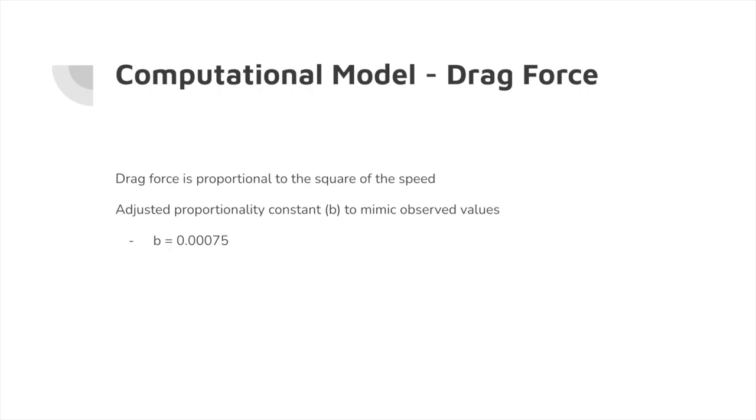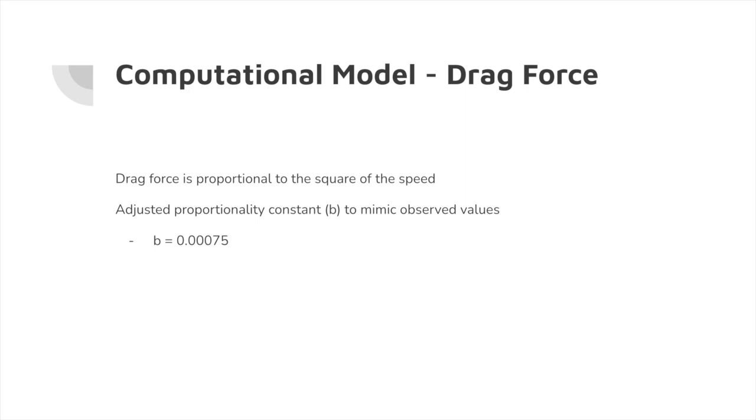And now we get into the computational model, including drag force. As a refresher, drag force is proportional to the square of the speed, and I adjusted the proportionality constant to mimic the observed values.